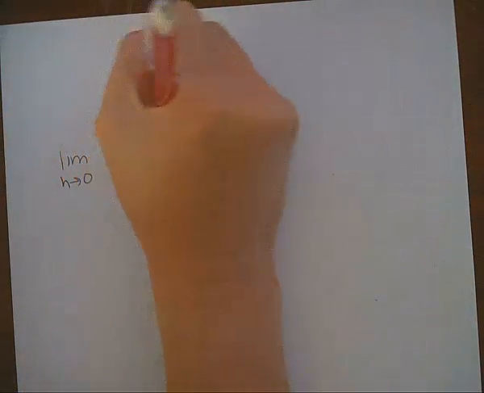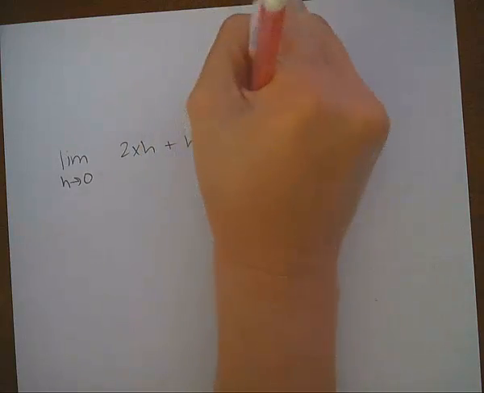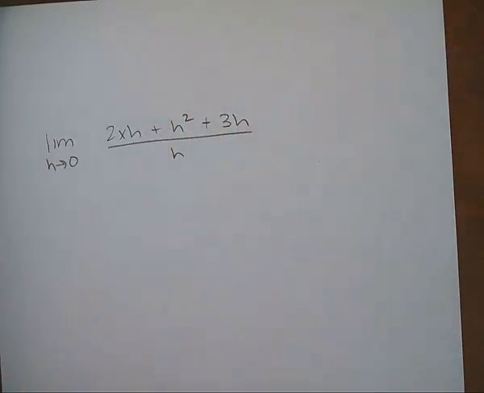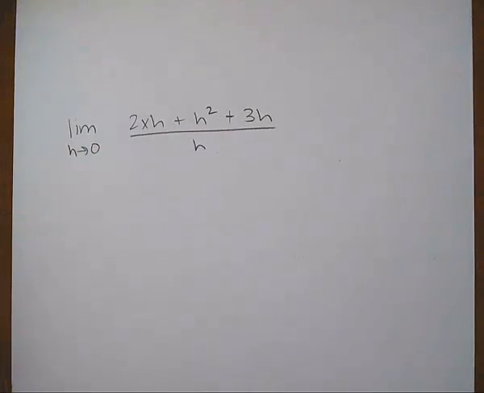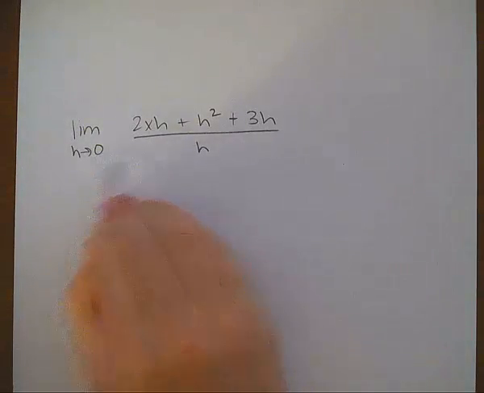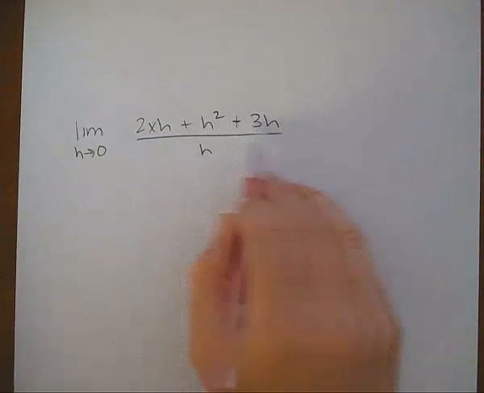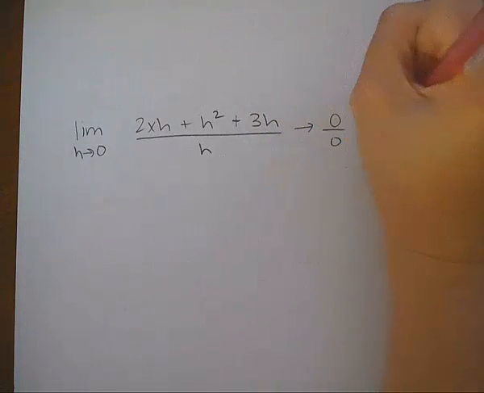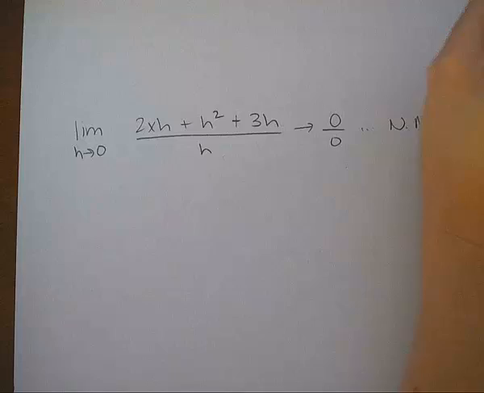I am left with the limit as h approaches 0 of, let me flip back and see what I had, 2xh plus h squared plus 3h all over h. Well, again, if I try to substitute in the 0 for h, I would have 0 over 0, which, as we know, means it needs more work.